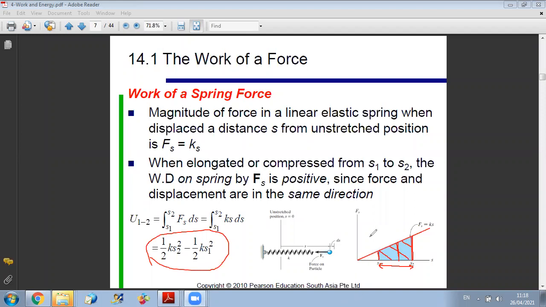So here it's a trapezoid, this is KS1, this is KS2. Let us do it together. And this is S2 minus S1.